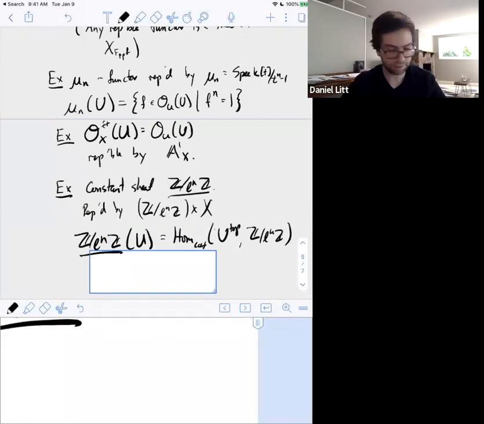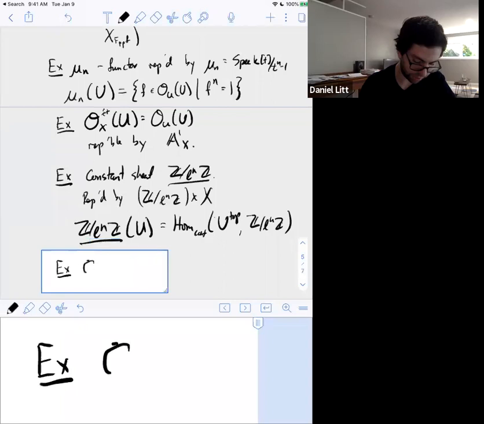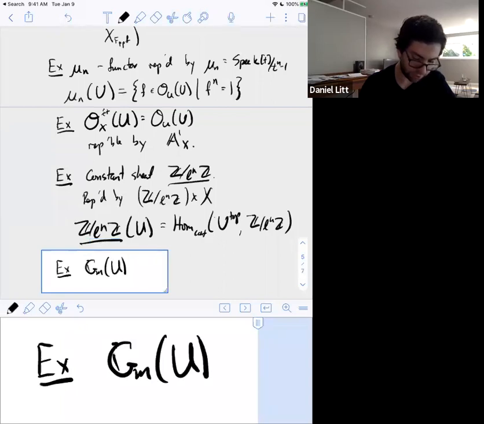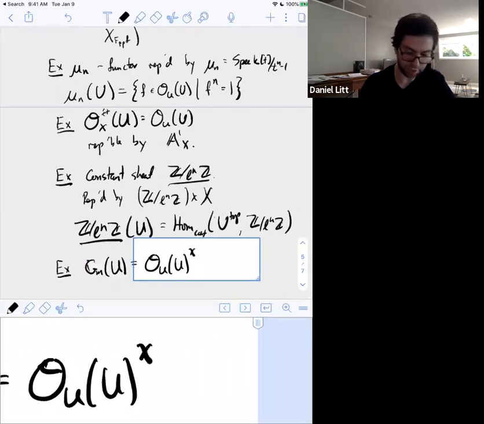Okay. Maybe let me give you one more example. We can take the sheaf G_m of U. It associates the global sections of the structure sheaf of U, and you take the units in those, the invertible elements.